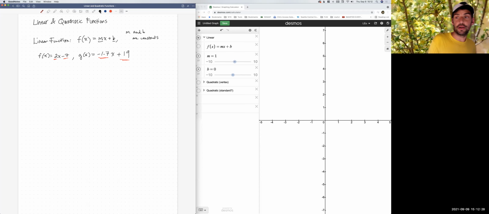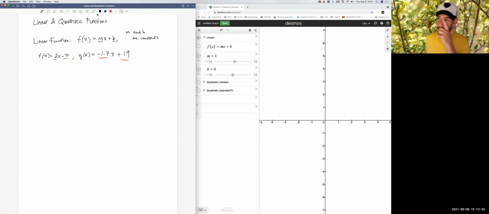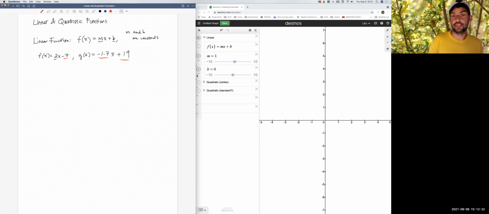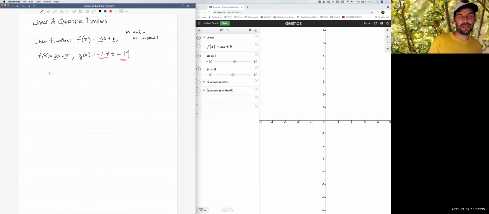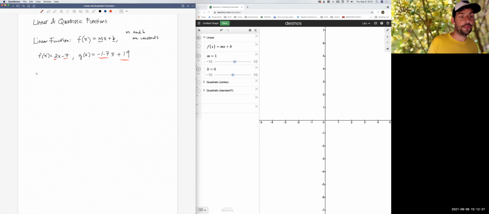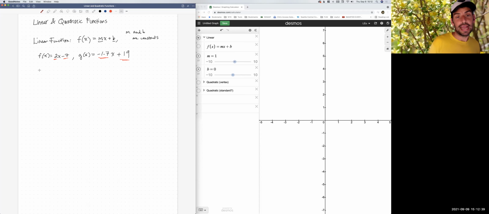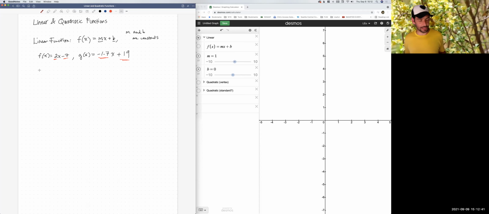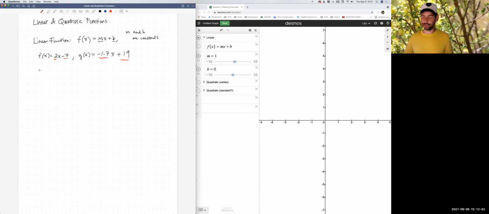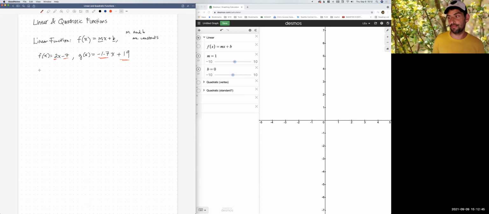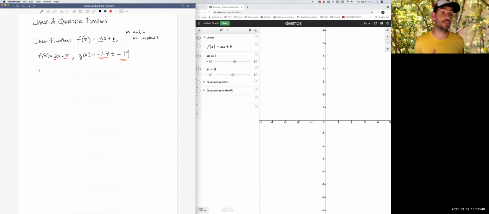So let's talk about what m and b are, and then take a look at some graphs. Let's start with b. That's an easier one. Just to be clear, the letters I'm choosing here, m and b, are just the traditional letters for this. There's nothing really magical or important about using these two letters.